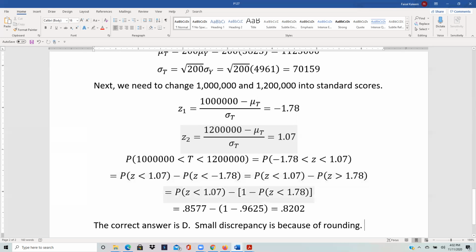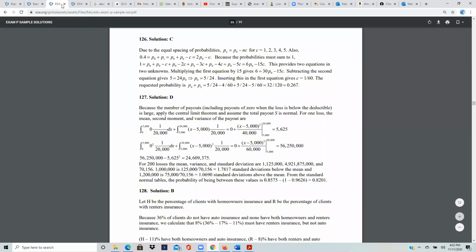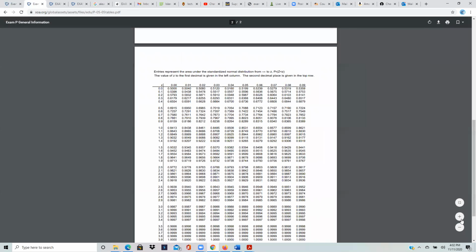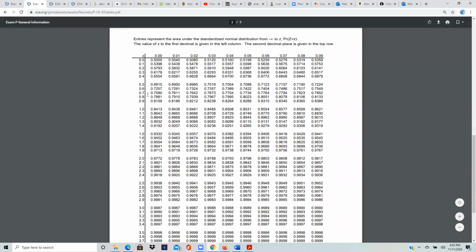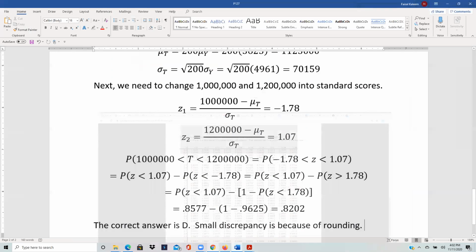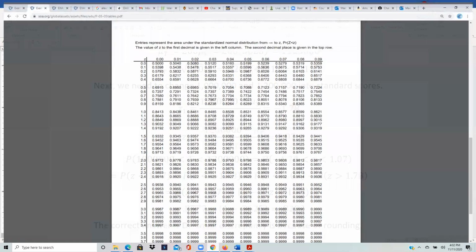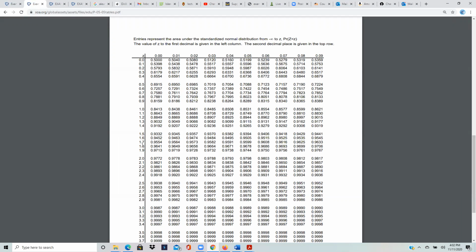And now the 1.07 from the table, let's open up the table. The 1.07 from the table is 0.8577, and the 1.78 is 0.9625.